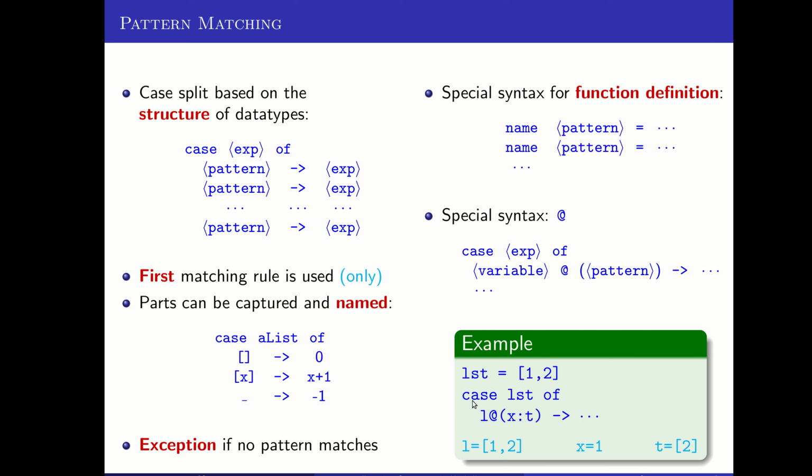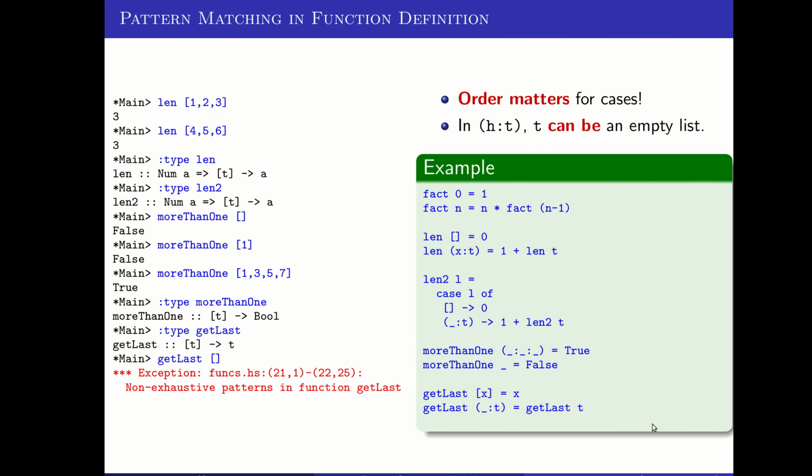Well, we can also name the list l itself and be able to do things with l inside of the expression that results here. So we see that the list we were given is 1, 2. Therefore, l will be the whole list, 1, 2. x is the head, which is 1. And the tail, t, is the list containing 2 here.